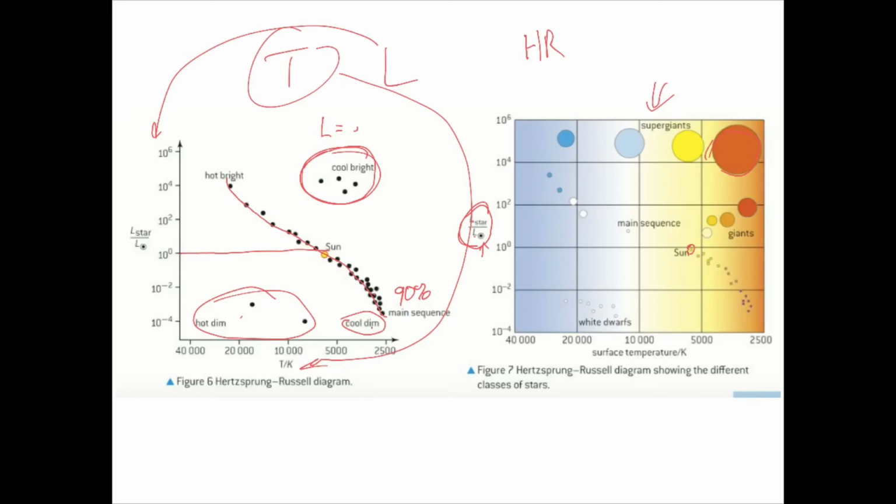Luminosity depends on area and temperature, okay? So yes, the temperature is low, but that must mean that they must be very, very large, and that's where we get into this idea of our giants and our supergiants. If they're really big, they can still be very, very luminous, even at low temperatures.